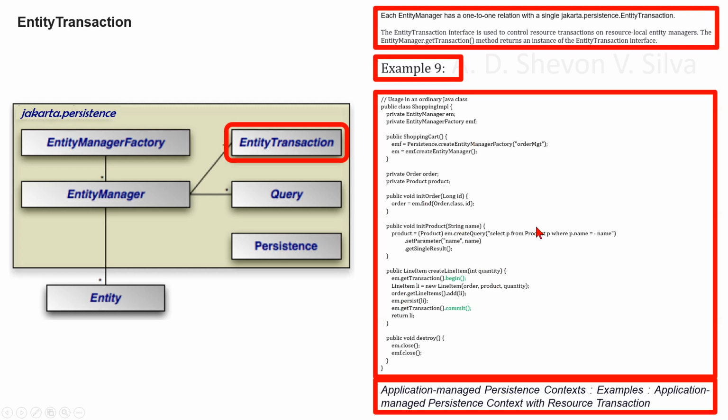Here is the application managed persistent context example, usage in an ordinary Java class. Here, transaction begin. Commit.